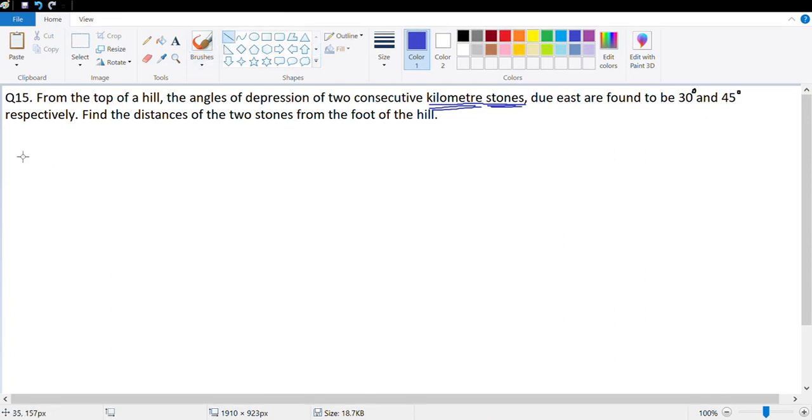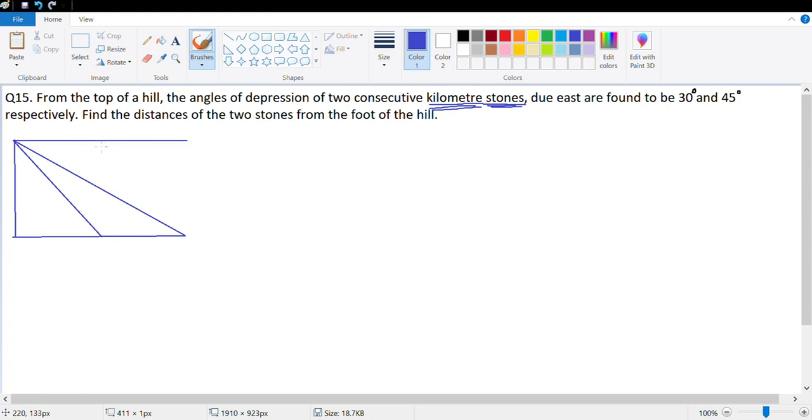Let's look at the rough diagram. This is the hill, and there are 2 kilometer stones, which means we are looking at two angles of depression. This is kilometer stone 1. This is kilometer stone 2. Since this is angle of depression, I'll have to draw the imaginary horizontal. Done. This is 90 degree.